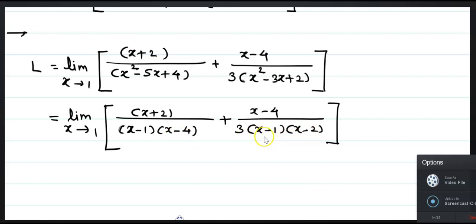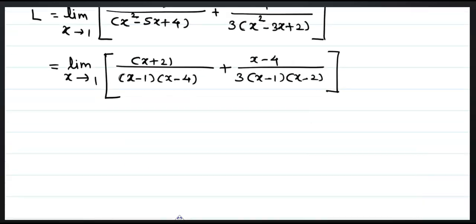Now what is common here? x minus 1 is common and uncommon are x minus 4, x minus 2 and 3. For this, x minus 2 is absent here. LCM is 3 into x minus 1 into x minus 2 into x minus 4. See this here. LCM of x minus 1.